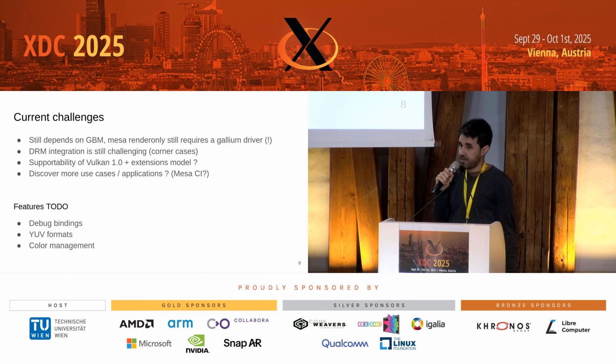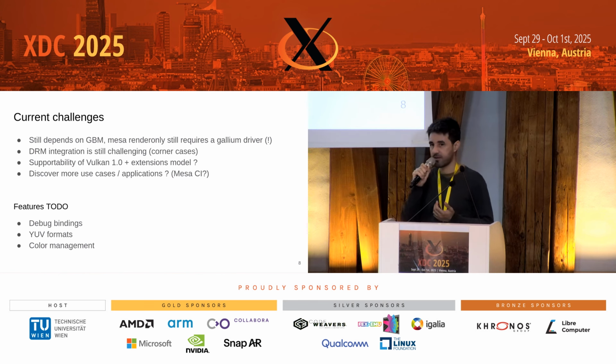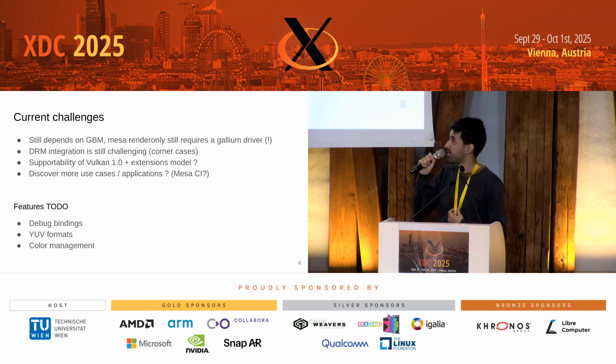Then, something I would really like is to hear feedback from people. It can be positive or negative, I don't care. I just want to hear some sort of feedback on this. Like I mentioned, there is a lot of push to not use this Vulkan 1.0 style of development anymore.